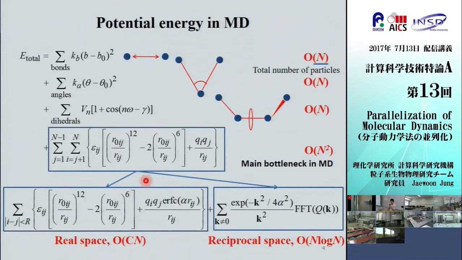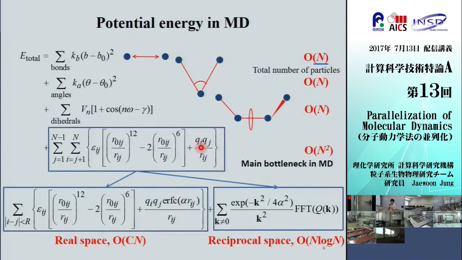This non-bonded interaction consists of van der Waals and electrostatic interaction. Van der Waals energy and forces decay very rapidly with increasing pairwise distance. So we can introduce a cutoff value, a threshold of the pairwise interaction. Then the computational cost of van der Waals can be reduced to order of N.